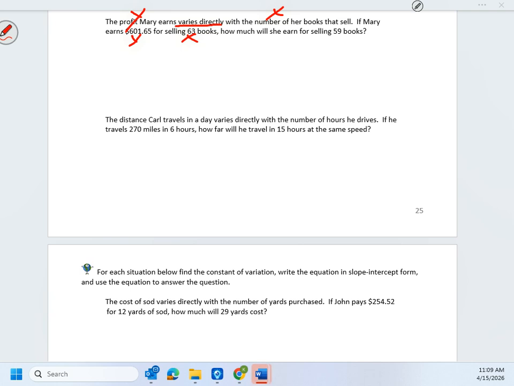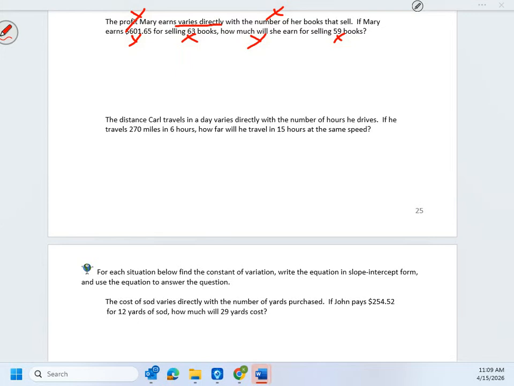Now I have my question. How much will she earn for selling 59 books? What's my Y and what's my X? Books is X, and how much you'll earn is Y. So my question is the Y, right? I don't know.